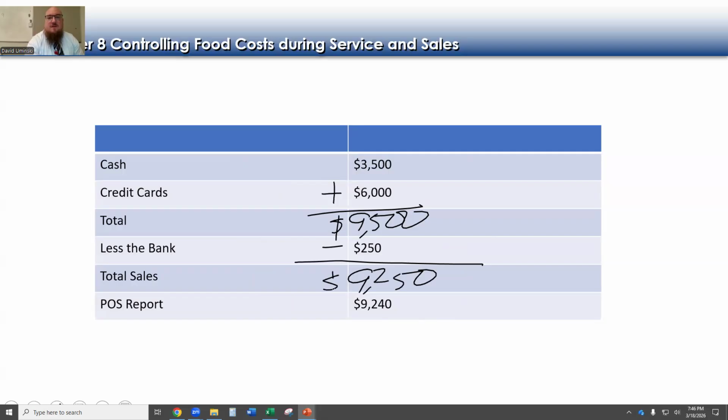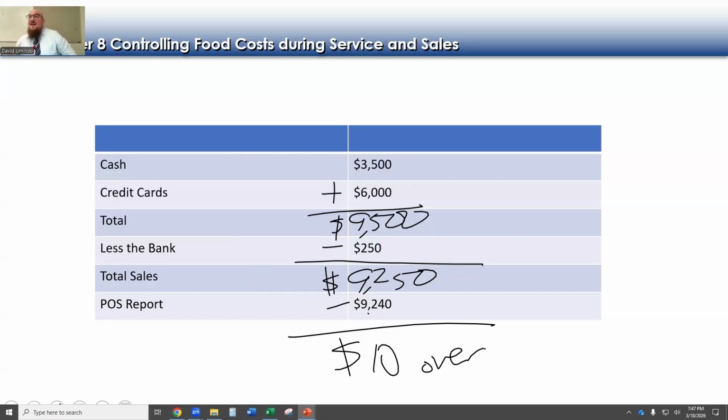Okay. So that's what I have, 9,250. Now I go and print out my report, and my report says I should have $9,240. But in reality, I have 9,250. So what is my difference? $10 over. I have $10 more than I should have.